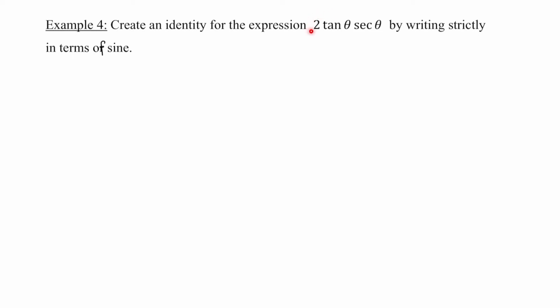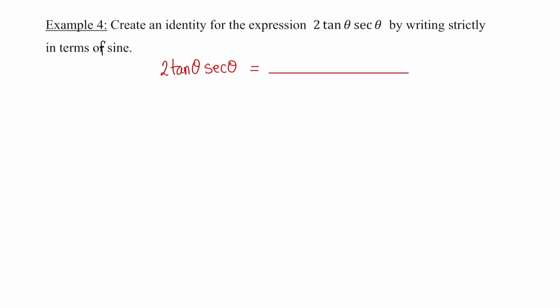They only gave you an expression, and they want you to create an identity, which means they're asking you: 2 tangent theta times secant theta equals what? You need to fill in this blank. And in this blank right here, they only want it in terms of sine, which means no secant, no cosecant, no cotangent, no cosine. It's only in terms of sine.